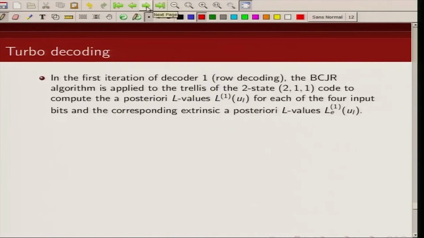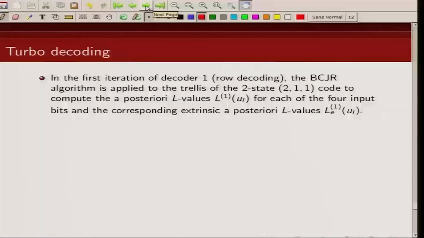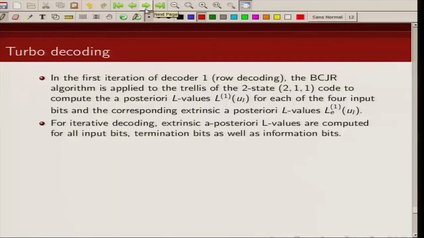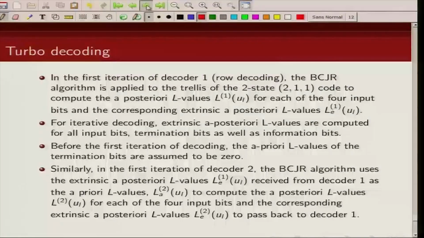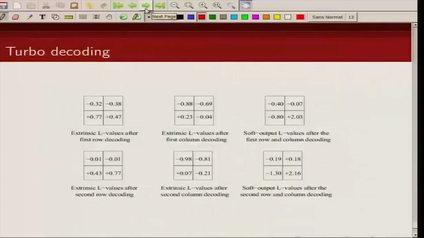Of course, in the first half of decoding I will have decoder 1 work first and then decoder 2. I will just come directly to the values because I have already explained the whole procedure. I will just show you the extrinsic information values and the APP values at the end of each iteration. This is the extrinsic information after I have decoded using decoder 1.